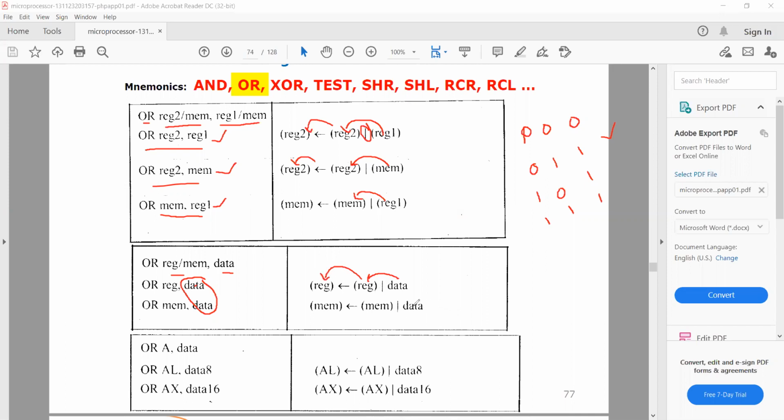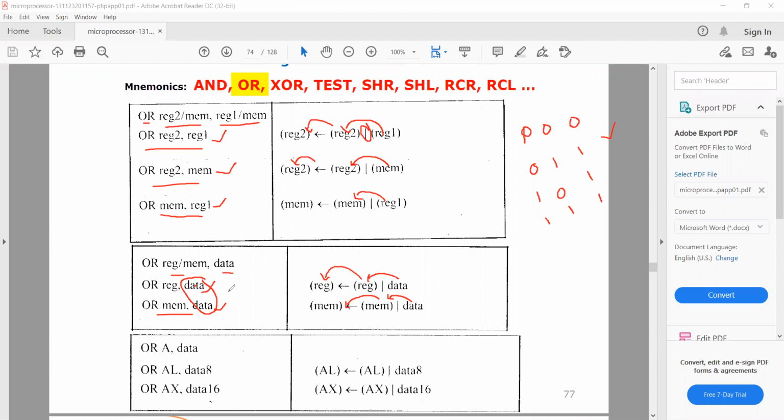Similarly, we can use memory as the destination operand. One instruction gives you a register as the destination operand, and the second instruction gives you memory as the destination operand. The data specified directly in the instruction will be ORed with the data present in the memory location specified in the instruction, and the result will be stored in the memory location.